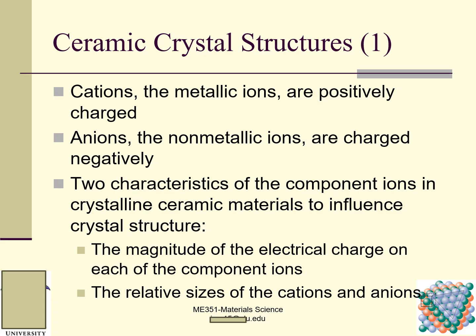One is the magnitude of the electrical charge on each of the component ions, for example when you have 3 plus or 3 minus, 2 plus, 2 minus. And also the relative sizes of the cations and anions, the atom size. So these two are deciding factors to determine the crystal structure.